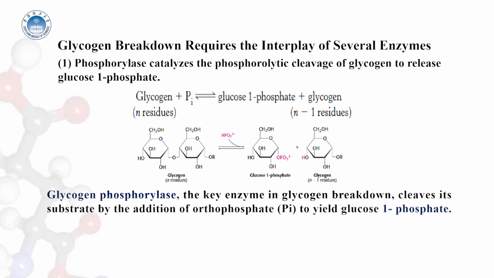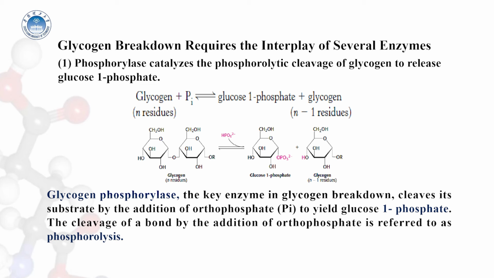Glycogen phosphorylase, the key enzyme in glycogen breakdown, cleaves its substrate by the addition of orthophosphate to yield glucose 1-phosphate. The cleavage of a bond by the addition of orthophosphate is referred to as phosphorolysis.